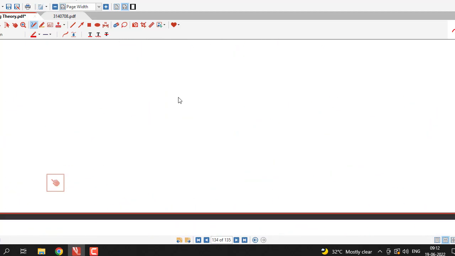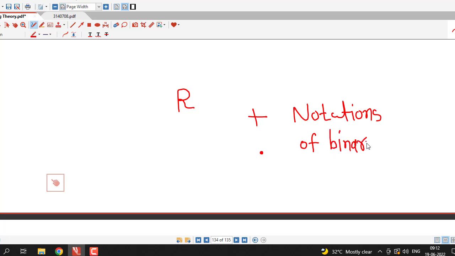Again I emphasize that for a ring R, addition and multiplication are the notations for binary operations. So don't be confused that I have specified these fixed operations. These are just the notations for binary operations on a ring R. They will be different for different sets.